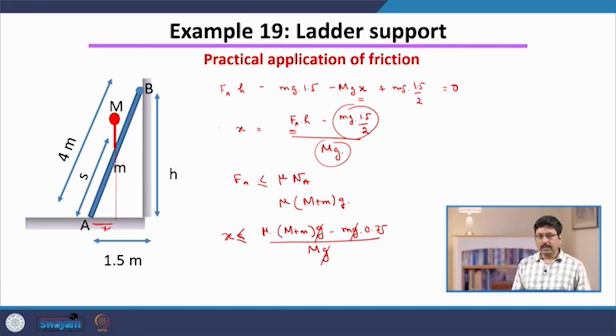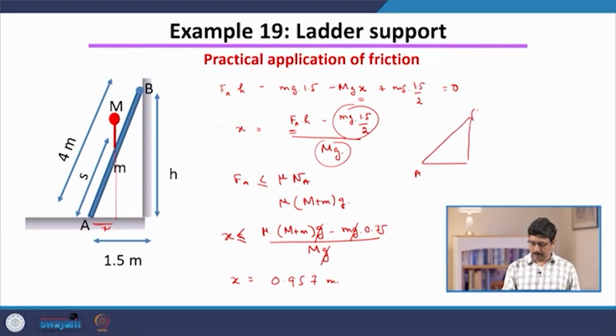Now, if you plug in all the values, you get x to be something like 0.957 meter. Now, this is x, but what you want to know is s. That we can get from geometry. So, this is A, this is B, this is x, this is C. We drop a perpendicular and this angle is theta.